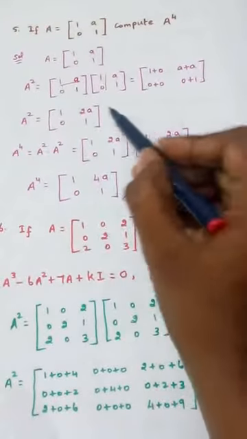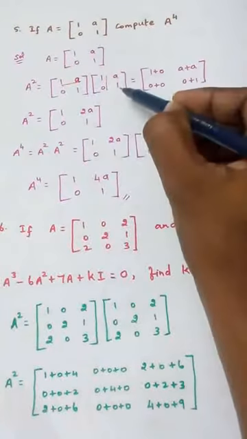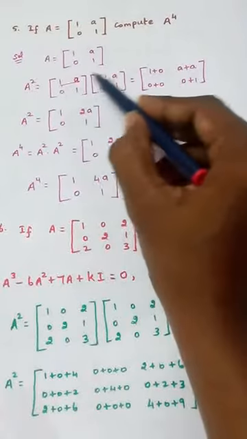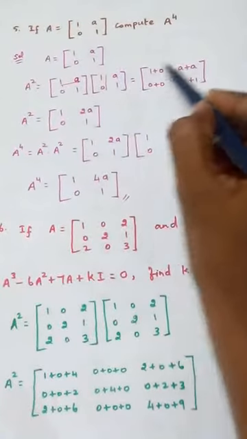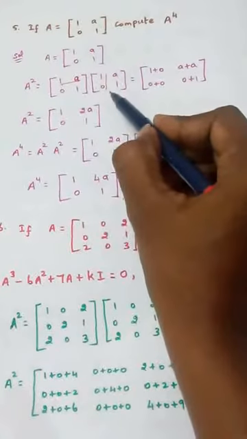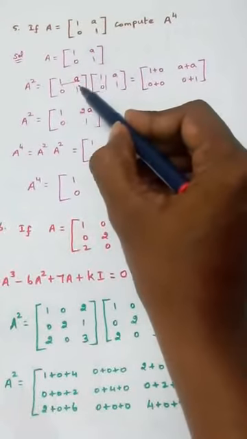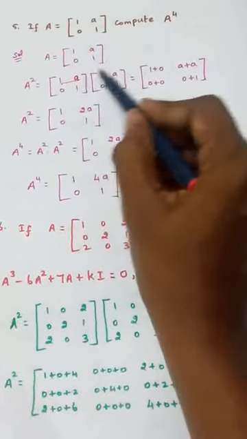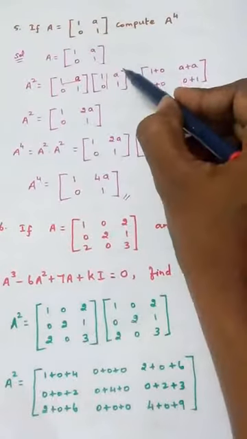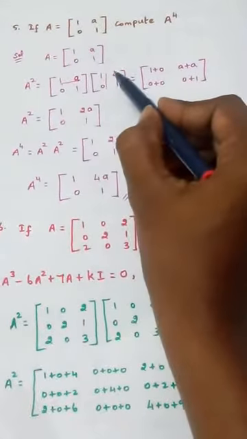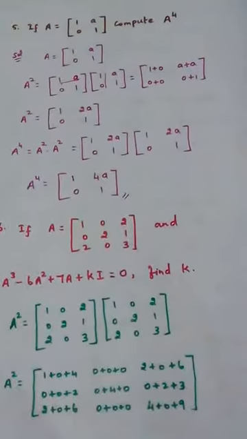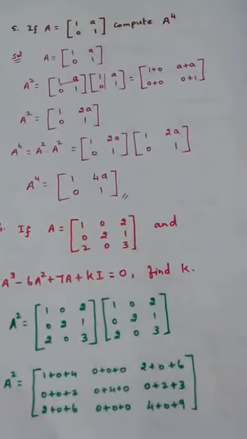Similarly, first row, second column: 1 into A plus A into 1, so A plus A. Second row, first column: 0 into 1 plus 1 into 0, both are 0, so 0 plus 0. Second row, second column: 0 into A plus 1 into 1, so 0 plus 1.